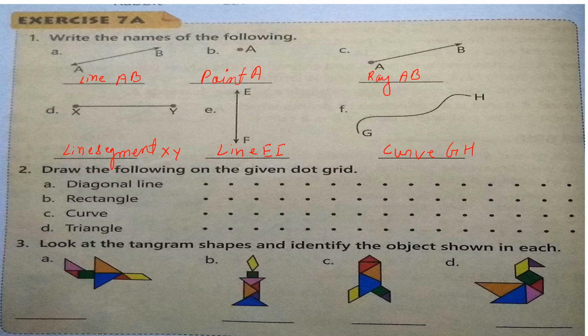Now draw the following on the given dot grid. Here we have to draw a diagonal line, rectangle, curve and triangle. Let's start with the diagonal line. So this is the diagonal line. Now rectangle. Let's draw a rectangle here.